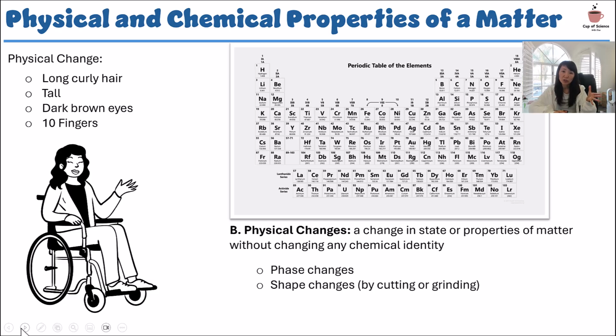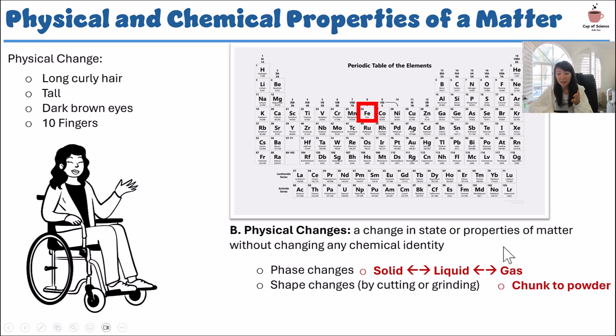And those physical changes are phase changes or shape changes. For example, we're going to take iron again. If we go through phase changes, that means that iron has the ability to go from solid to liquid to gas, or from gas to liquid to solid. So these phase changes do not mean that iron has turned into some completely other substance.